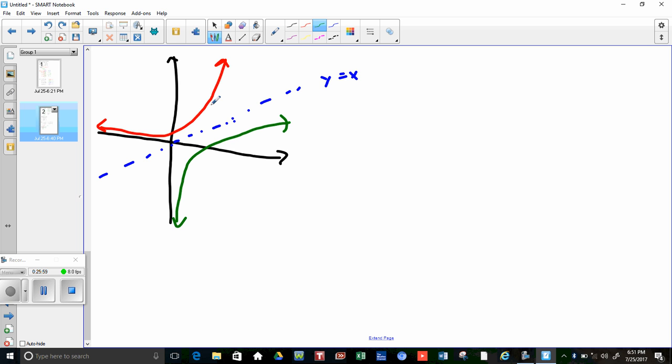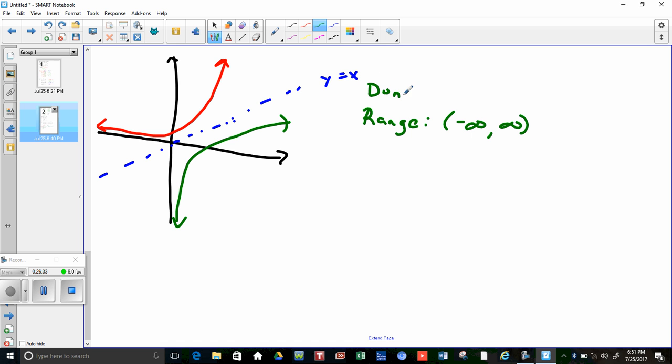So the domain of this red one, which is an exponential, is all real numbers, which means that the range of a log is the same as the domain of an exponential. So it's all real numbers, or negative infinity to infinity.